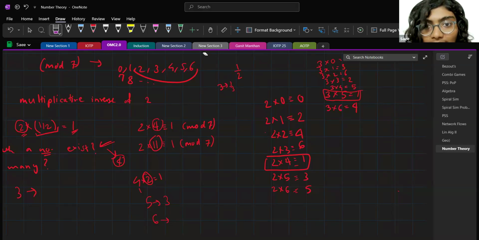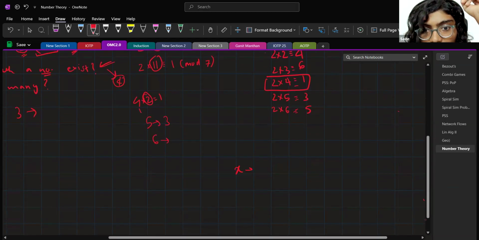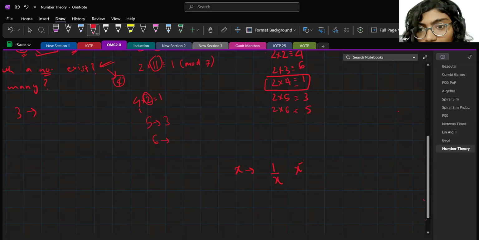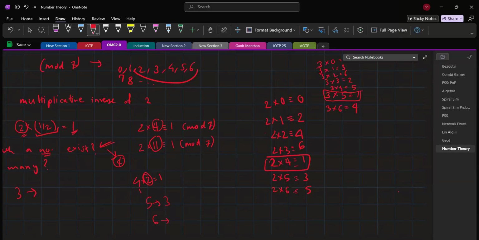To put it more rigorously, the multiplicative inverse of a number x, usually denoted 1 by x or x inverse, is such that the product of x and x inverse gives us 1. So over here, the multiplicative inverse of 2 should be a number which when multiplied with 2 gives us 1. So 2 times 4 gives us 1, so 4 is a multiplicative inverse of 2. Does that make sense, Gaurav? Yes, thank you. You're welcome.